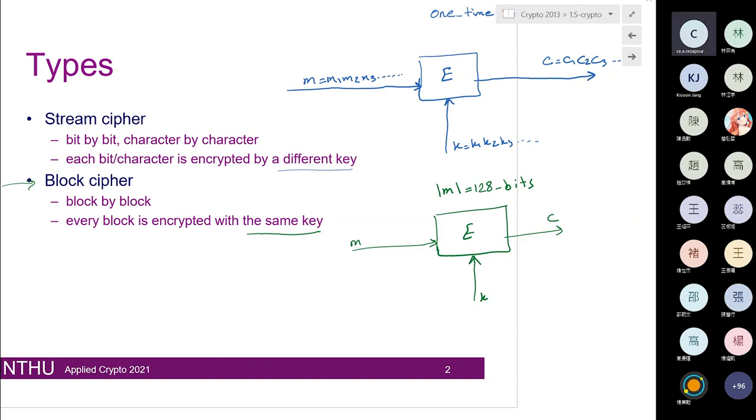You need to consider your use case and how you want to send the data to your user, and whether your message is long enough that you can easily chop it into smaller pieces and send it to the other party. So for messaging, for example, a stream cipher looks like a very good one.